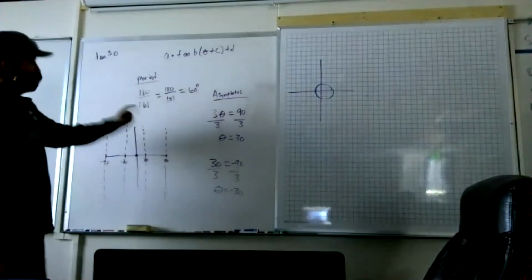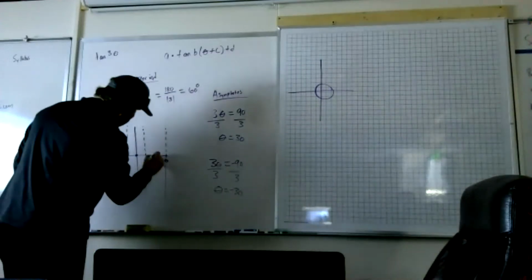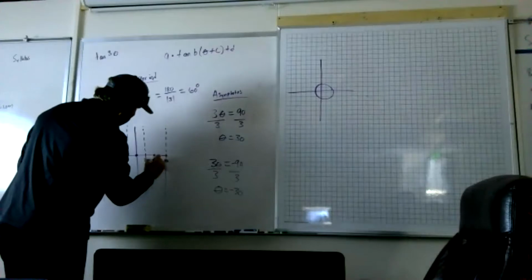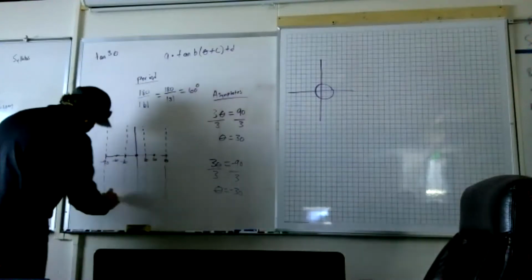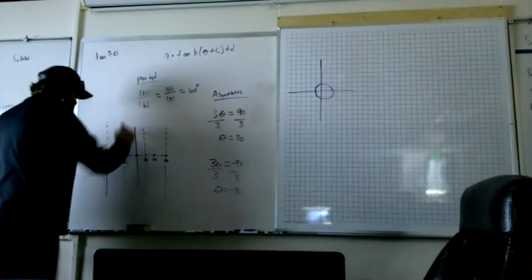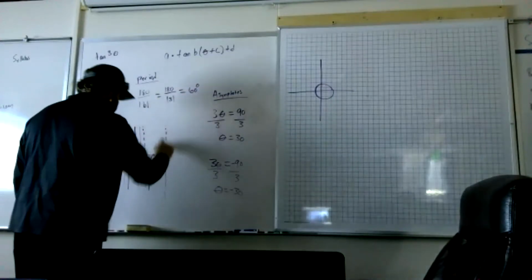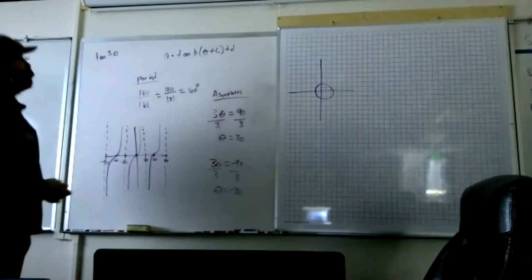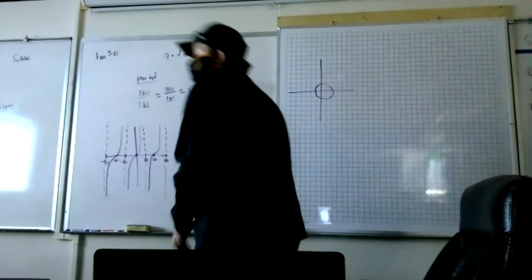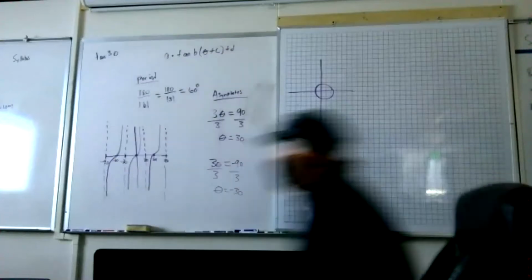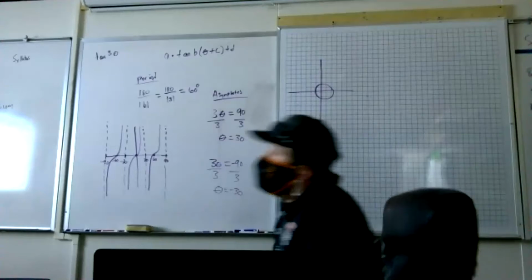So intercepts. Starting at the origin, if I add the period and subtract the period, I get 60 and negative 60. So my graph of this tangent would look like this, with my asymptotes occurring at 30 and negative 30, and then 90 and negative 90, and then 150 and negative 150.